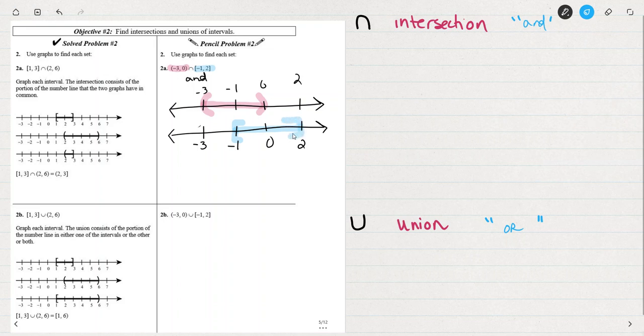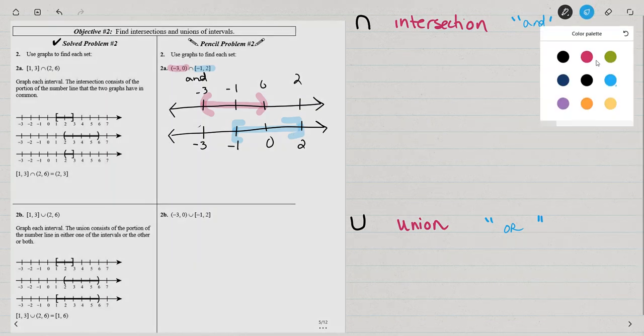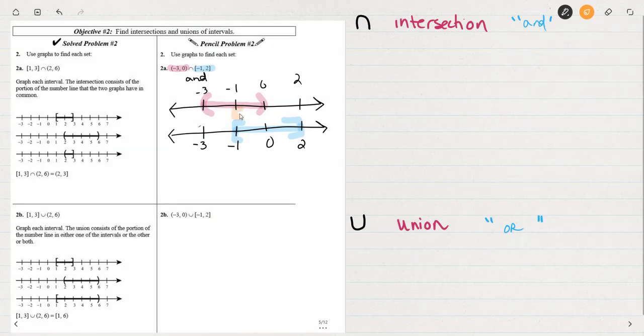If I wanted everything that was both pink and blue, I'm going to get everything from -1, including -1, up to 0. Let me show you this here. If I wanted what was in both, I could go from this -1 up to 0.